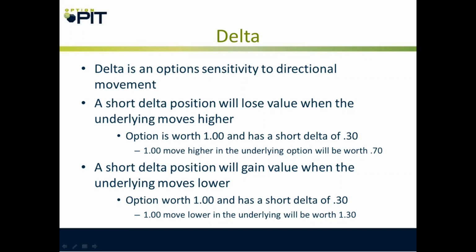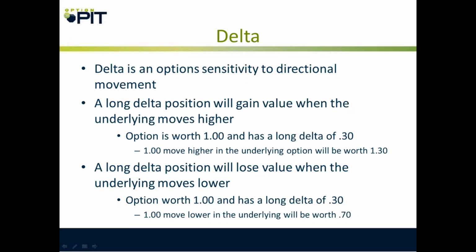A short delta option position will gain value when the underlying moves lower. If the option is worth $1 and has a short delta of 0.3, a dollar move lower in the underlying and the option's worth $1.30. Real simple, right? It's just delta times move, and you get your change in the option's price. If you just write down the math, it's easy.